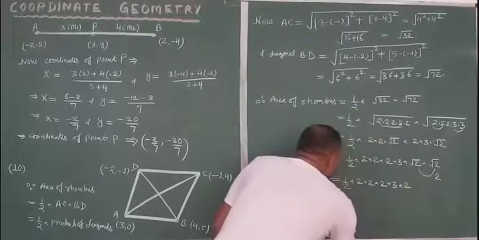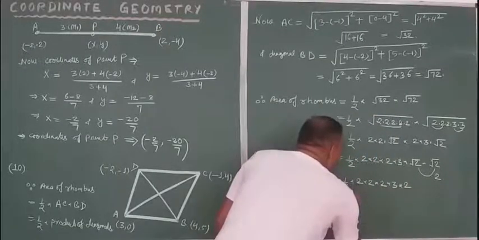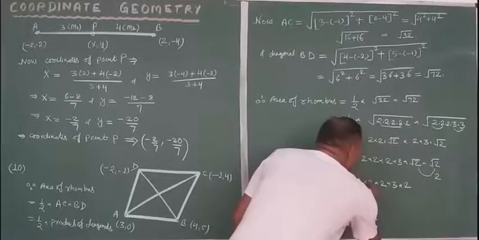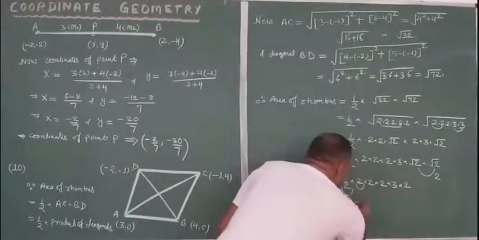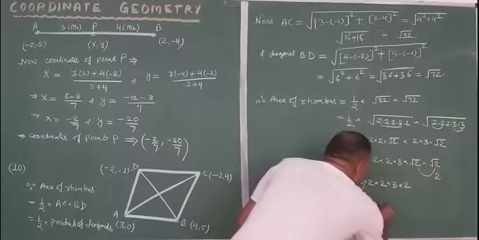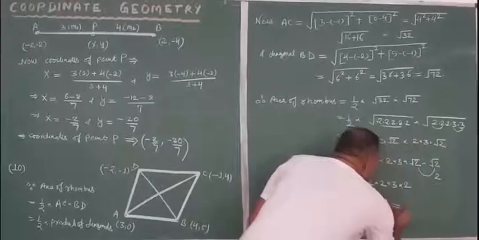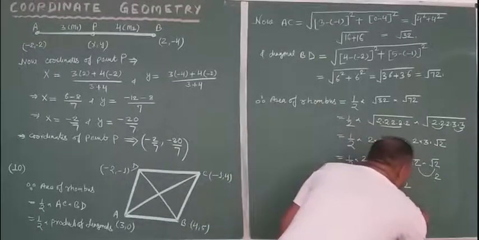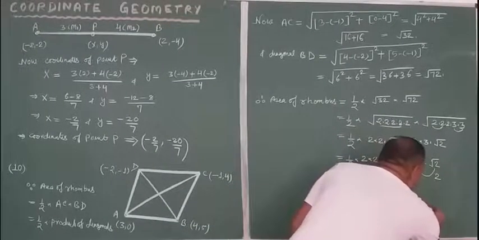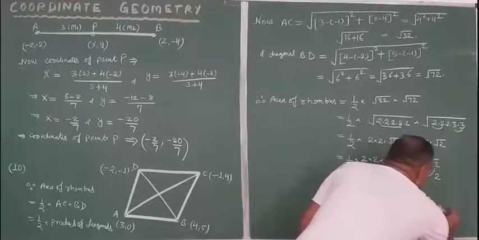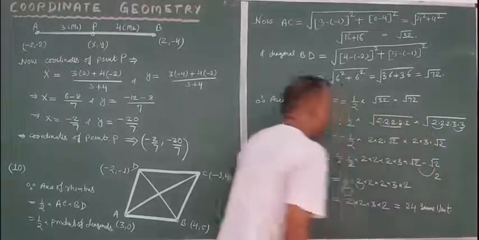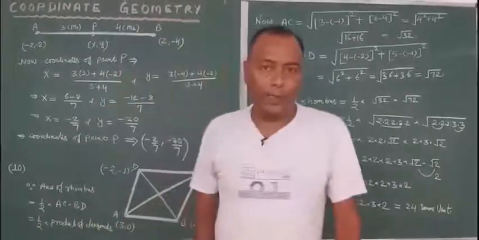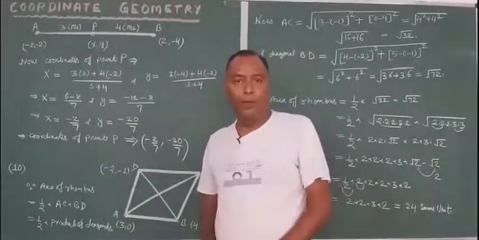Now this 2 and this 2 will be cancelled out. Simply we are left with 2 into 2 into 3 into 2. Just multiply them: 2 times 2 is 4, 4 times 3 is 12, 12 times 2 is 24 square unit. So that's all for today. Thank you very much.